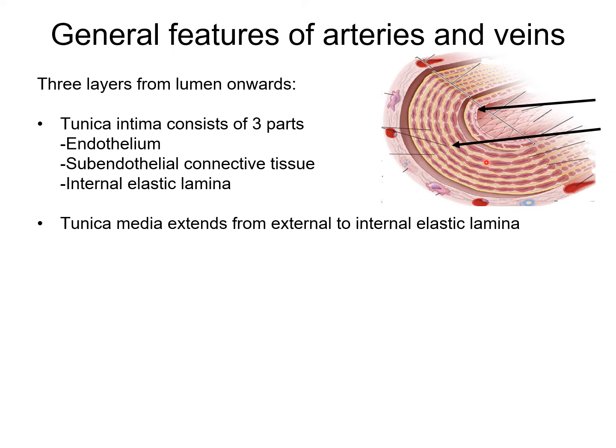The tunica media is the thickest layer in bigger arteries, the muscular arteries, elastic arteries, and also in the veins. Bigger lymph vessels also contain some amount of smooth muscle in the tunica media.